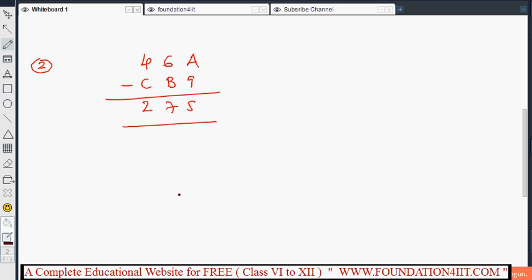Since dash minus 9 is equal to 5, actually 14 minus 9 is equal to 5, but in the place of a, 1 is taken away from 6 on the left when you take the carry, so a must be equal to 4. If it is 4, then 1 we need to carry from the previous, so this is supposed to be 5. So 14 minus 9 is equal to 5.